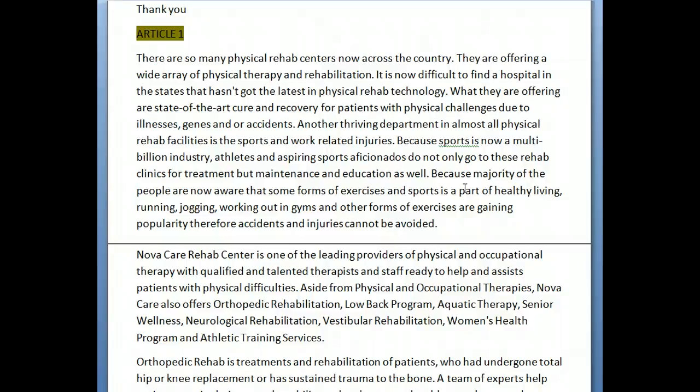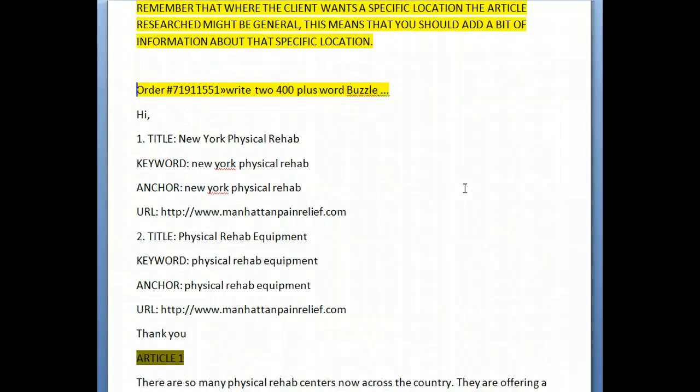So in a situation like this where you have NovaCare Rehab Center is one of the leading providers of physical and occupational therapy with qualified and talented therapists and staff ready to help and assist patients with physical difficulties. What you possibly would be required to do here is to change this into another company, and possibly you can utilize what the client has here, which is manhattanpainrelief.com.